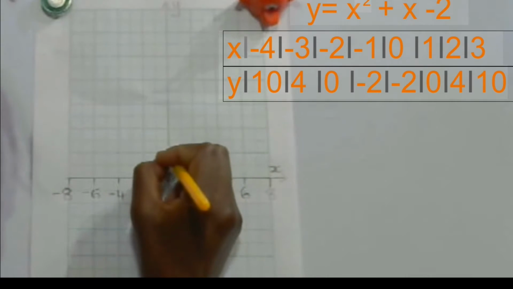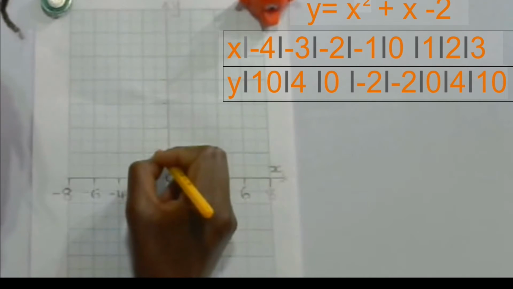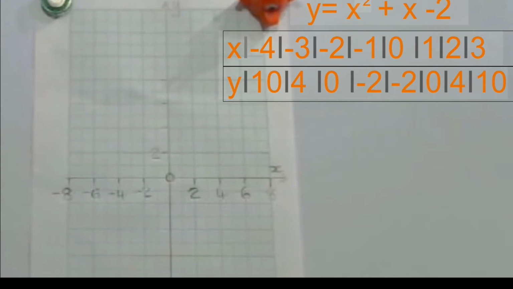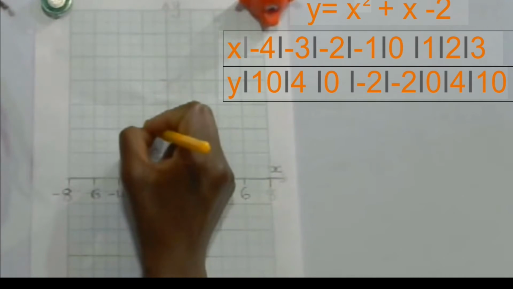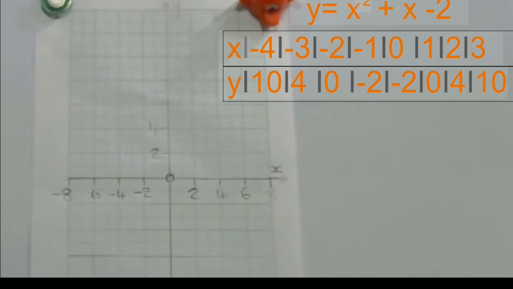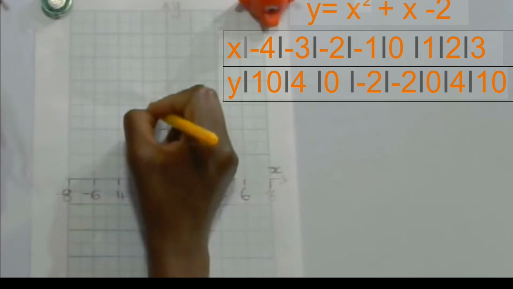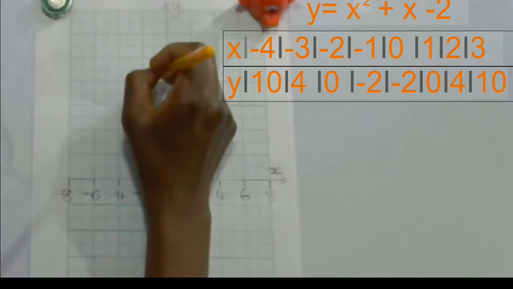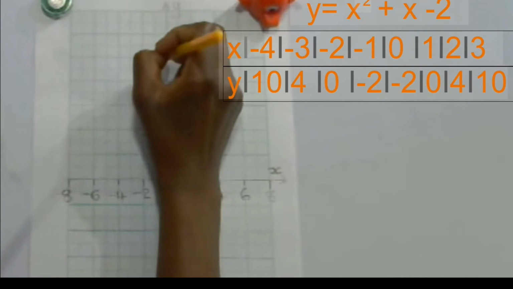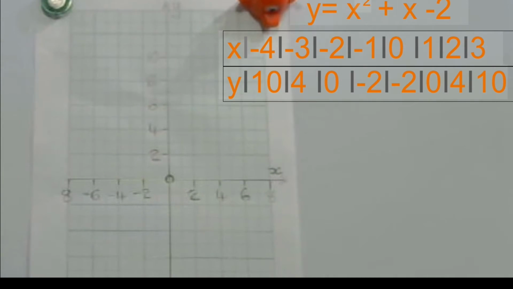Okay, for the y-axis we've got +2, +4, +6, +8, and +10.